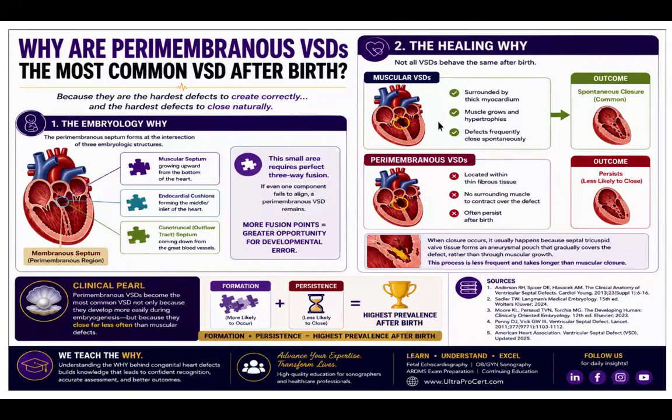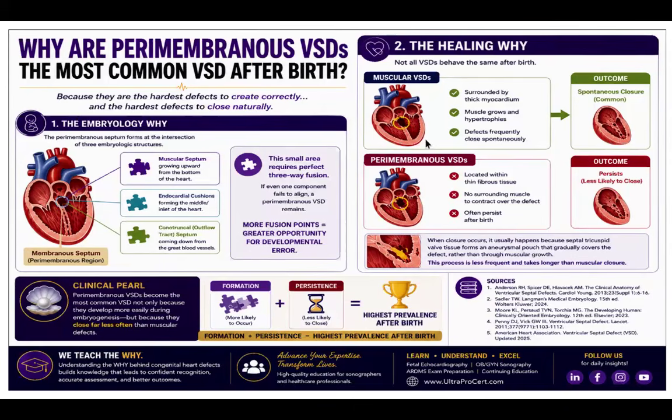It's a thicker tissue, and so after a while, the muscle grows and the defects will frequently close spontaneously with the muscular VSDs. That's why it's not as common once the baby's born, because by then, typically those smaller ones close before birth.